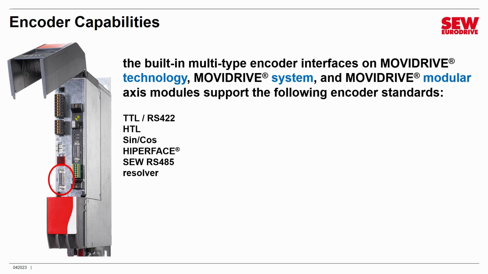And we support what is called a resolver, which is an inexpensive encoder-like device that's found in some servo motors. We have covered our bases very, very thoroughly so that it is possible for you to connect to just about everything if you've got the right cable.